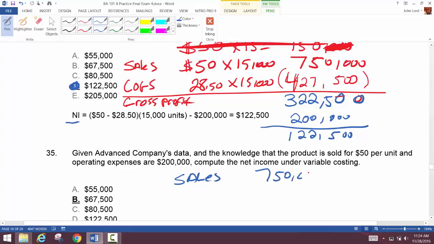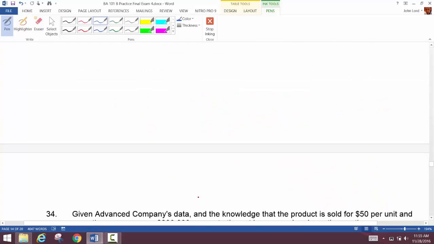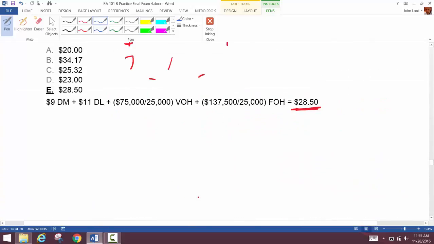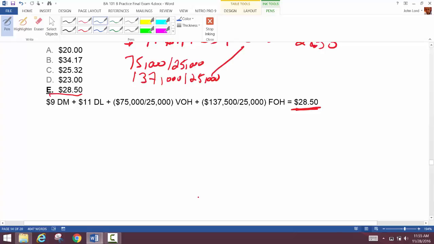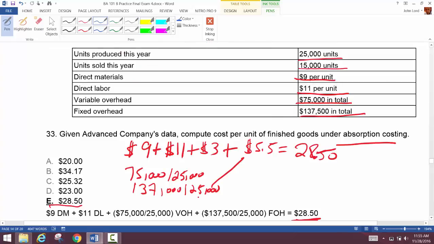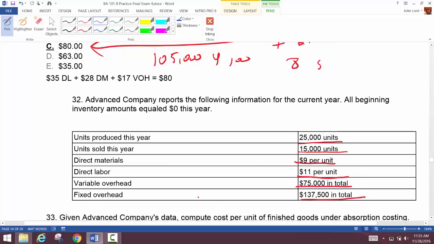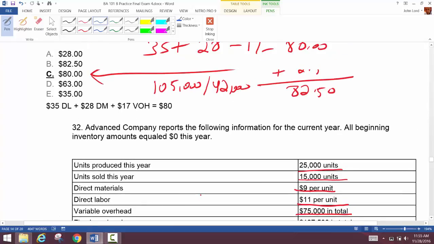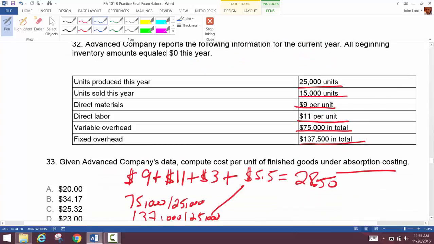That didn't change. How about my cost of goods sold? Now it's going to be $23 per unit. Did we calculate that at some point for this problem? Oh, I guess we didn't, did we?